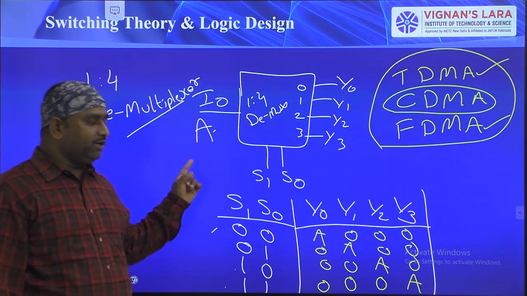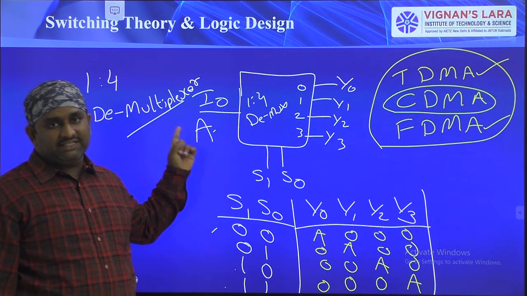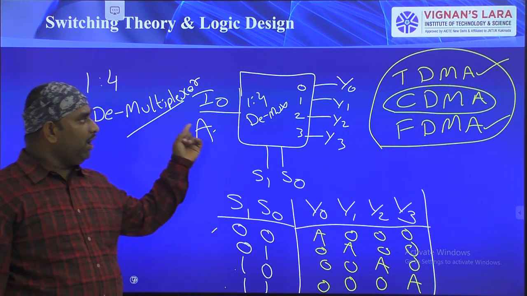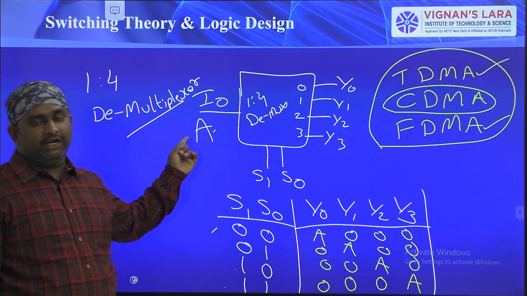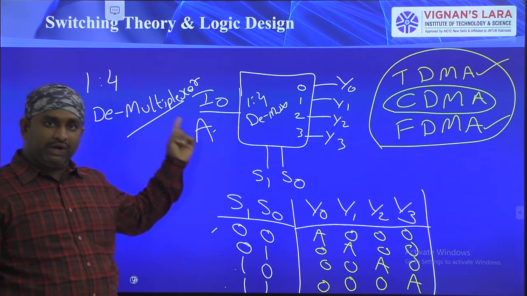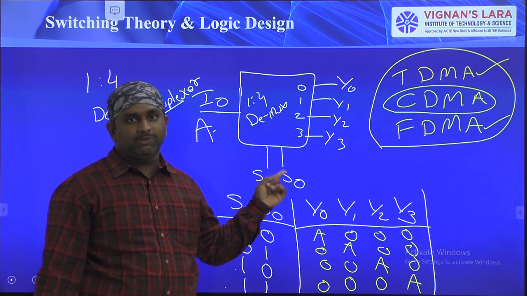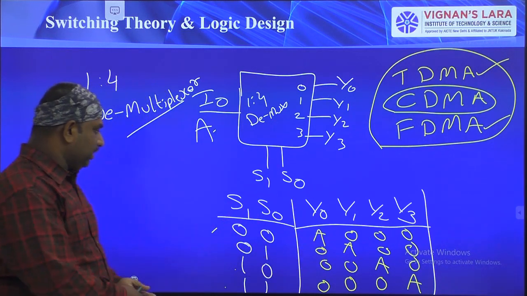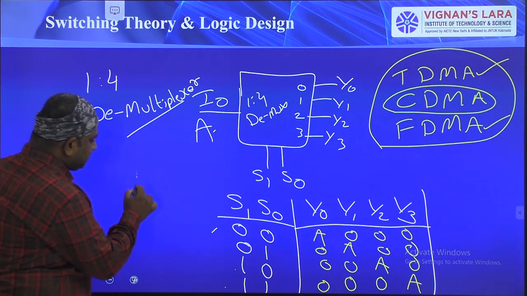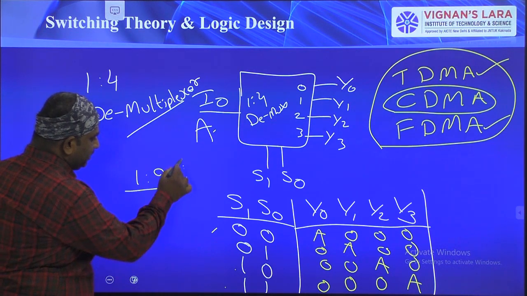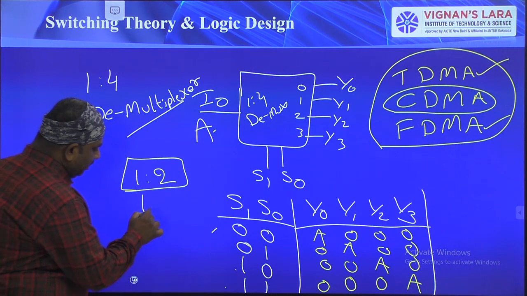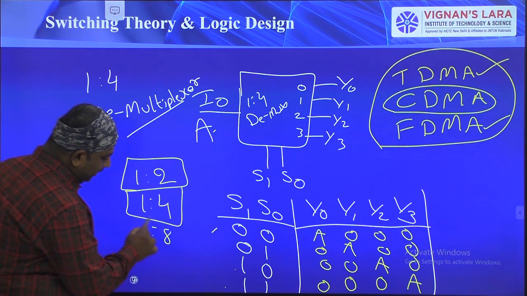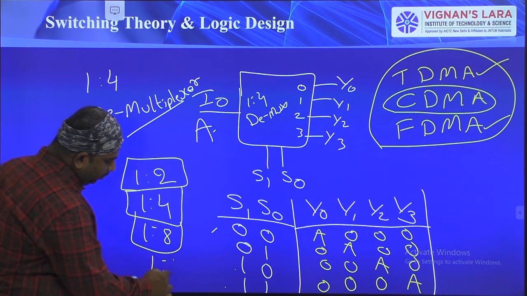Now I am saying that you have to apply the same multiplexer concepts to demultiplexers also. I have explained the 1:4 demultiplexer here, but you have to draw the demultiplexer concept for 1 to 8 and 1 to 16. Demultiplexers are available as 1 to 2, 1 to 4, 1 to 8, and 1 to 16.